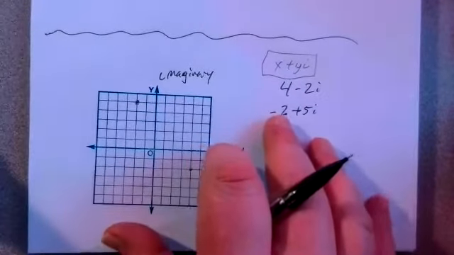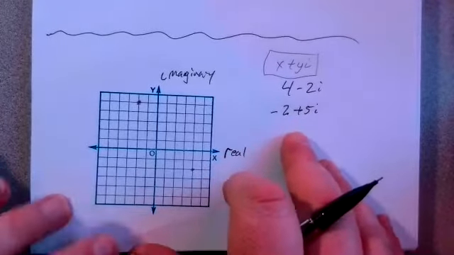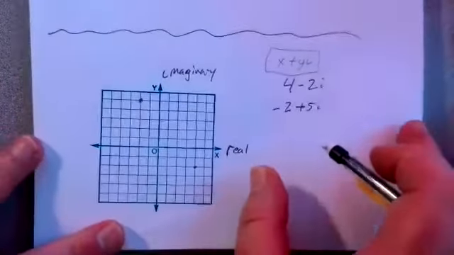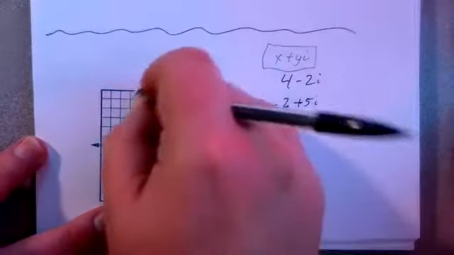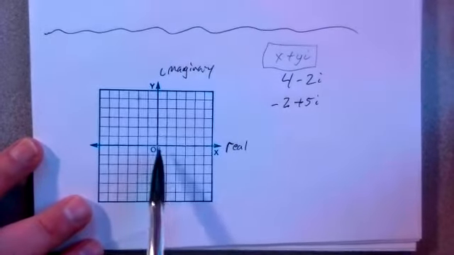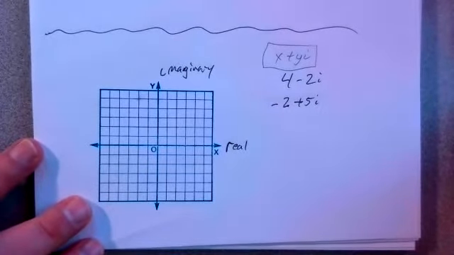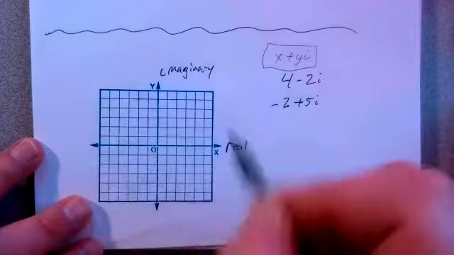So let's go back and think about the definition for absolute value. The definition for absolute value is distance away from 0 on a number line. So what would the distance away from the origin on a number line look like? Well, let's take a random number here.